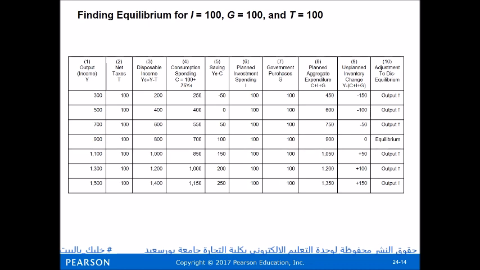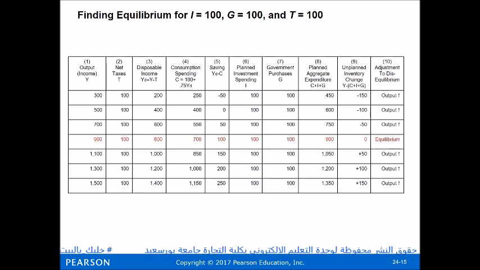So subtracting 550 from 600 gives 50. The next value, 100, can be calculated by subtracting the corresponding level of consumption, which is 700, from the value of disposable income, which is 800. So 800 minus 700 gives 100. We can continue calculating the remaining values of saving in a similar way.